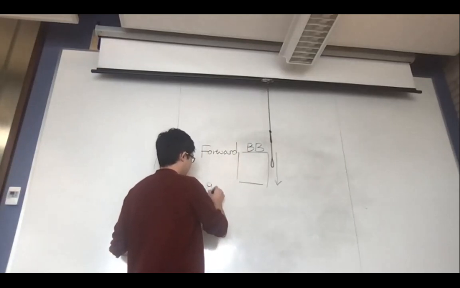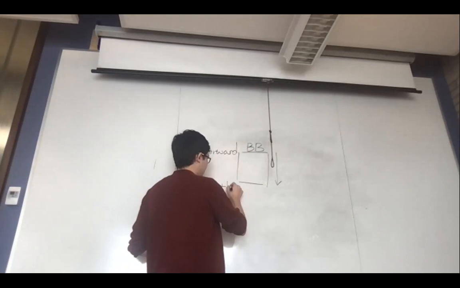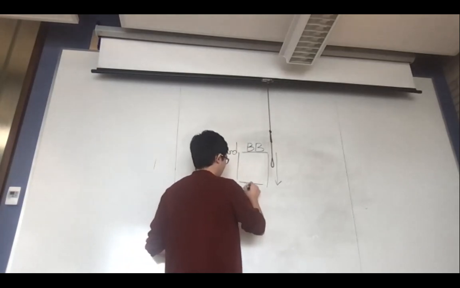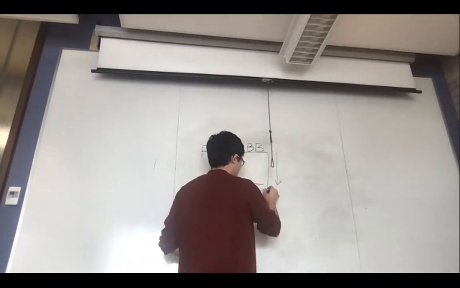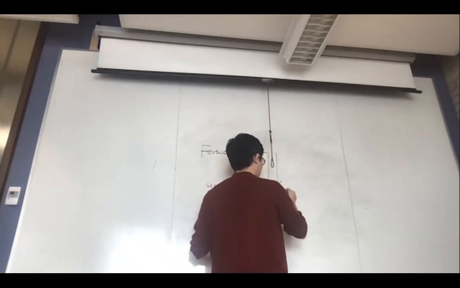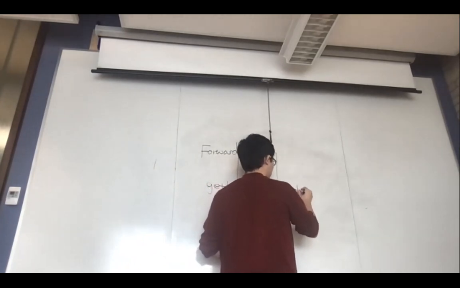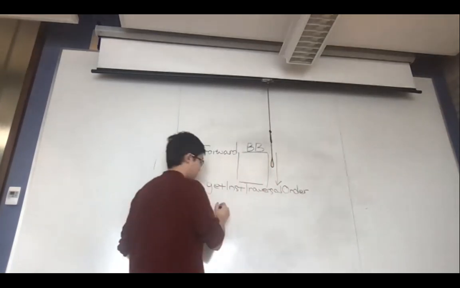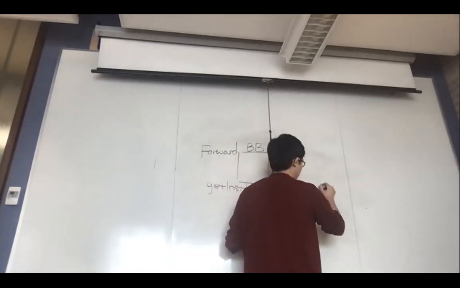Suppose you have this method, get instructions traversal order, that you have to implement. How are you going to implement this method that accepts a basic block?